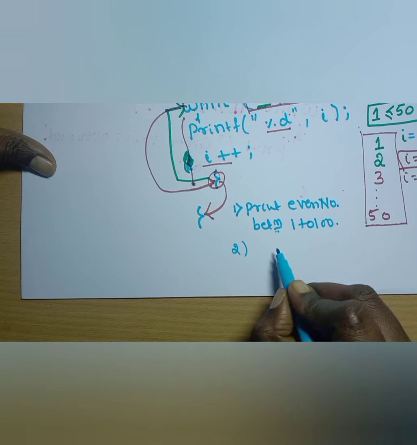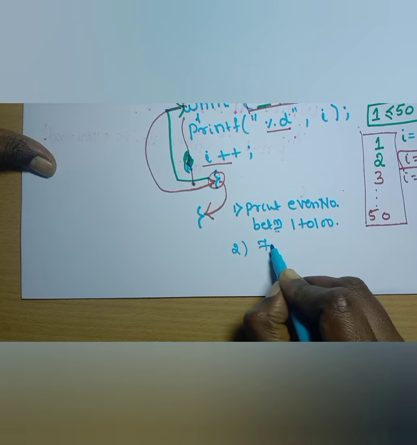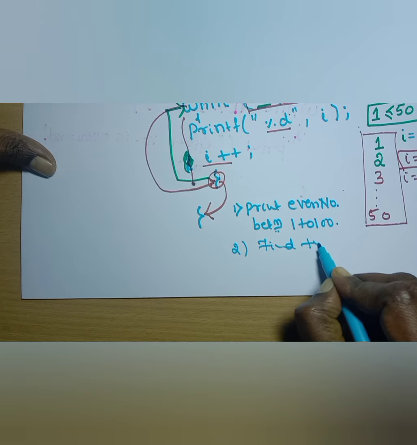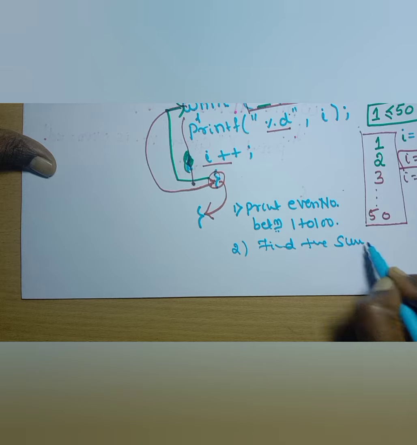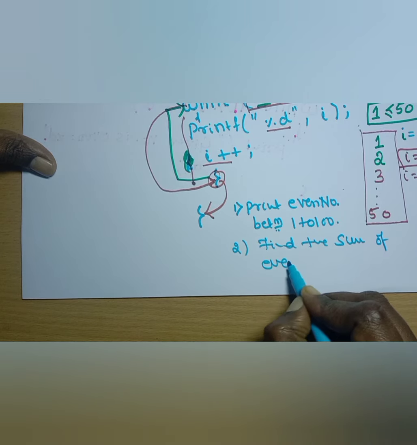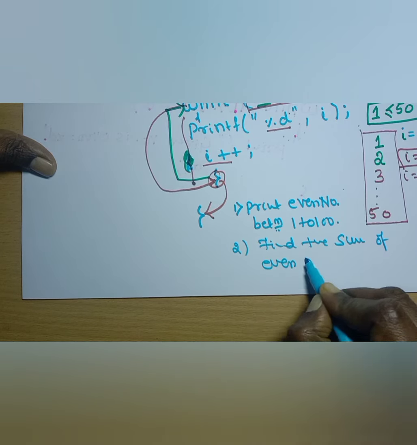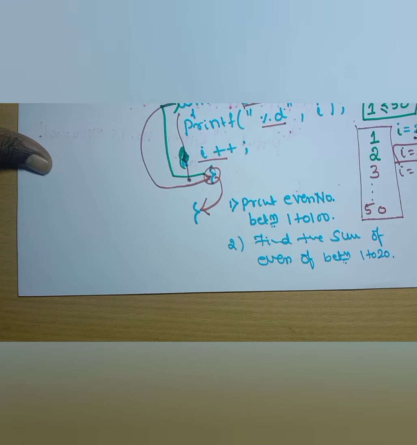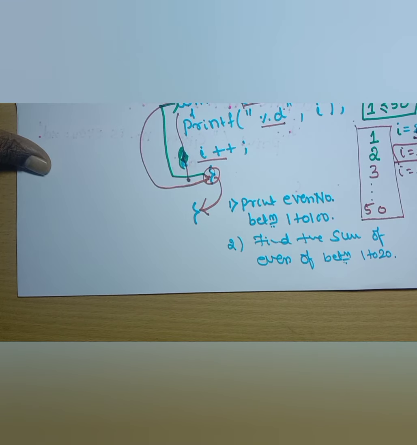Second program: find the sum of even numbers. Find the sum of even numbers between 1 to 20. Try these programs. Okay, meet in the next video.